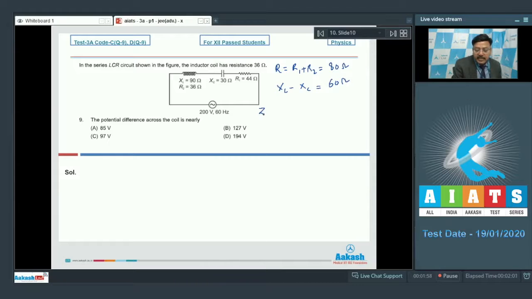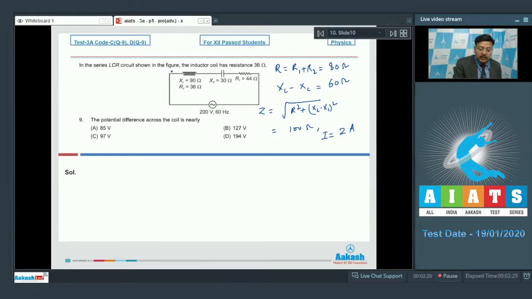So the impedance Z is equal to under root of R square plus (XL minus XC) whole square, that means under root 80 square plus 60 square, and that value is 100 ohm. So this is the impedance of the circuit. That means the RMS current in the circuit will be 200 by 100, or simply 2 ampere.